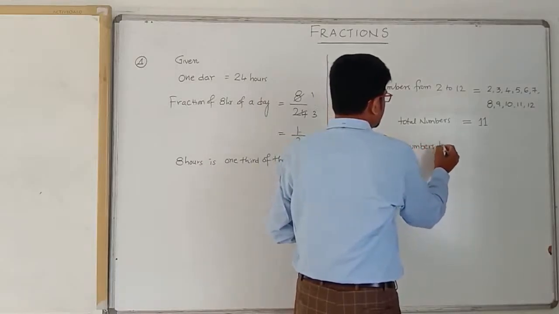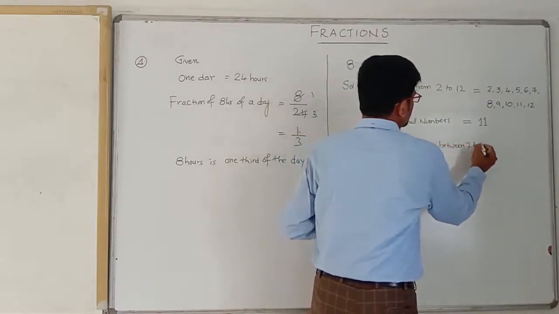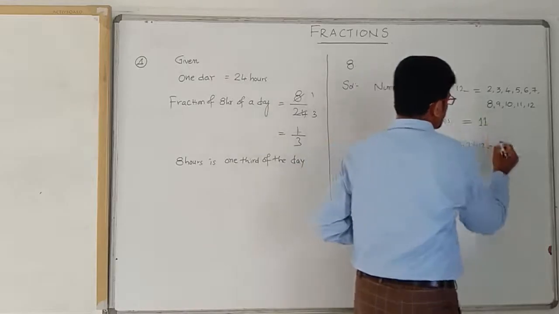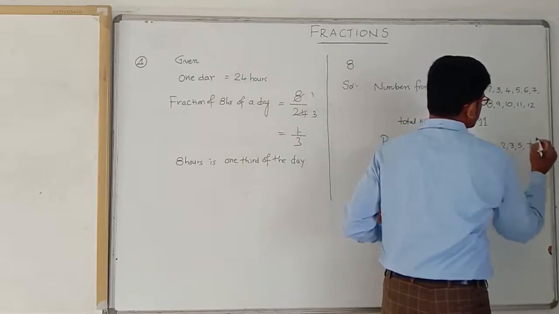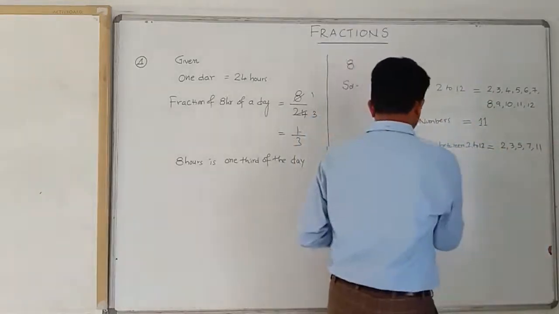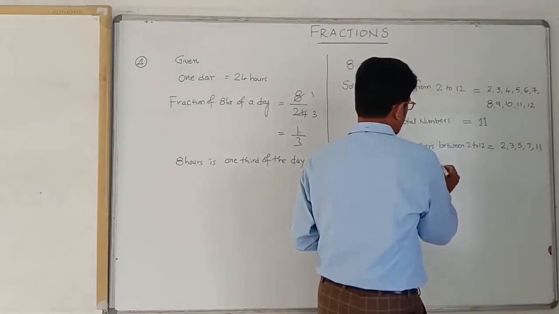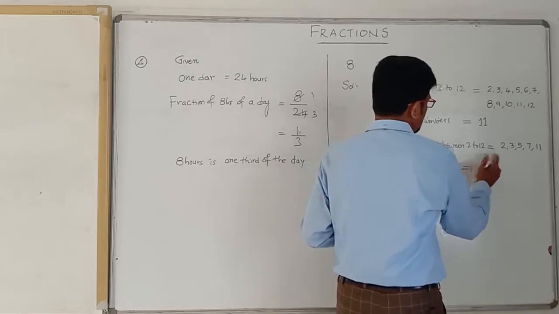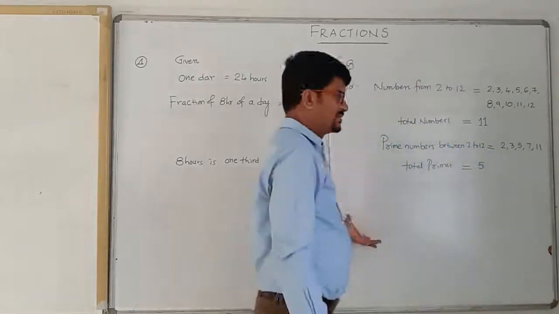Prime numbers between 2 to 12: 2 is a prime number, 3 is a prime number, 5 is a prime number, 7 is a prime number, and 11 is a prime number. Any other prime number here? No. Therefore, total primes: one, two, three, four, 5.